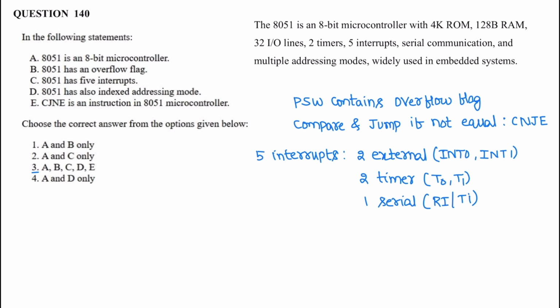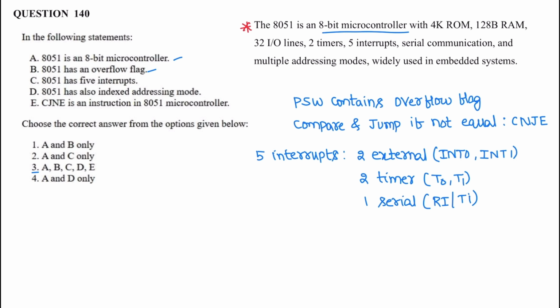Statement A is correct. 8051 is an 8-bit microcontroller with 4K ROM, that is read-only memory, 128-byte RAM, 32 IO lines, 2 timers, 5 interrupts, serial communication, and multiple addressing modes, widely used in embedded systems. Statement A is correct. 8051 has overflow flag. Statement B is correct.